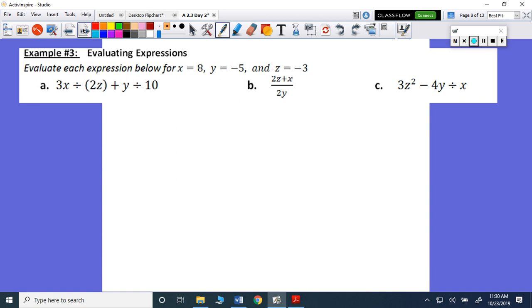Okay. What you have to remember is if you have more than one operation in your numerator or denominator, there's an imaginary set of parentheses, and you're going to need to follow PEMDAS. What does it tell me to put in for Z? Negative 3. So what happens when a letter and a number are back to back?